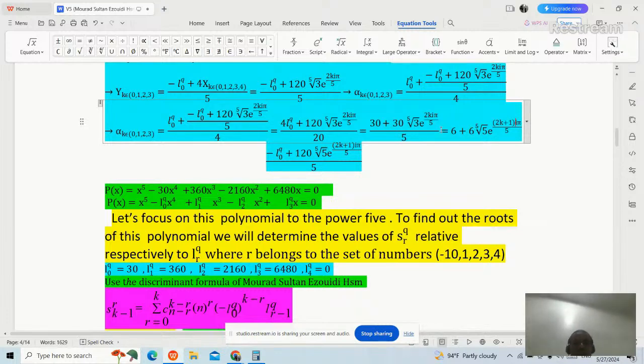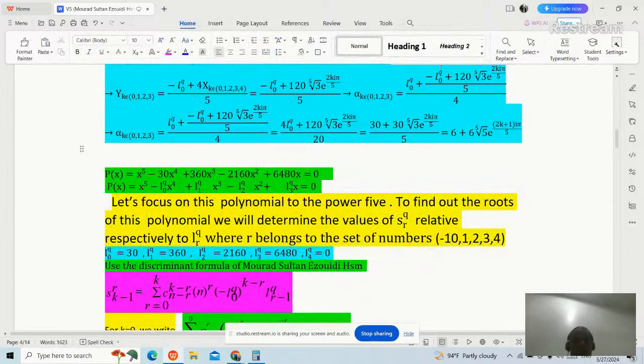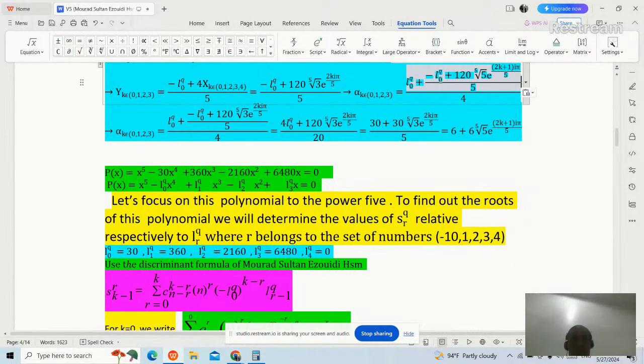Then 4, because 30 divided by 5 is, okay, correct. I will just put this here. This one I will cut and put here, the same as that. This one also comes here.